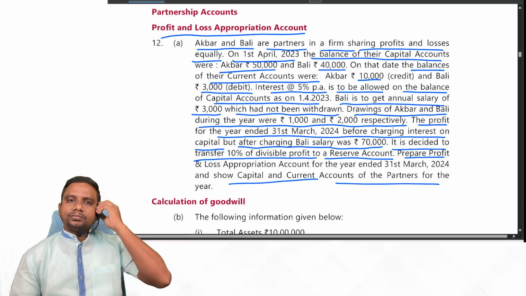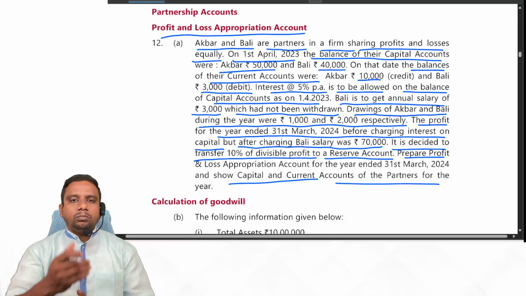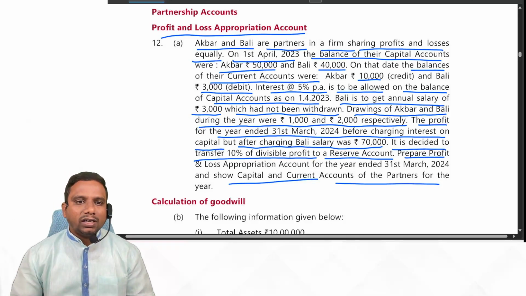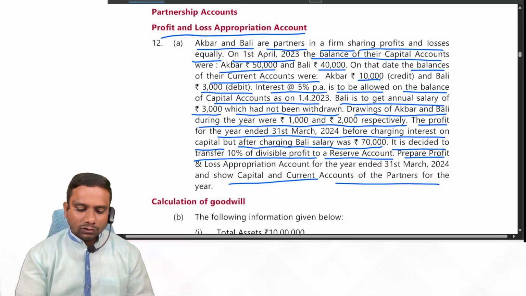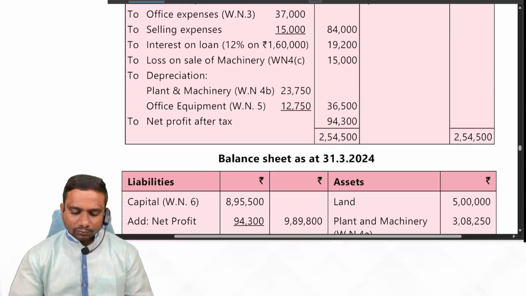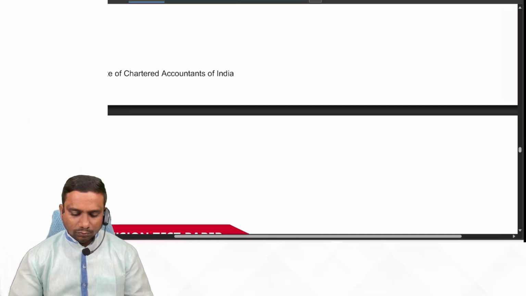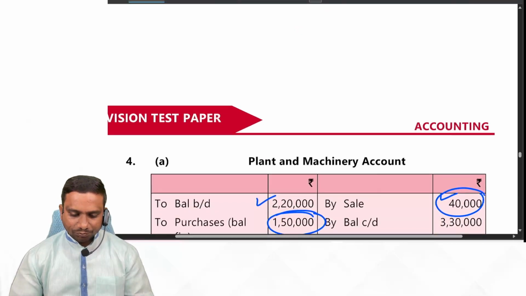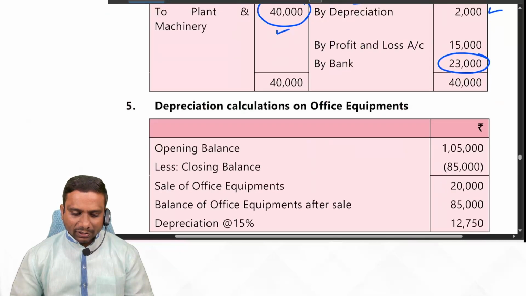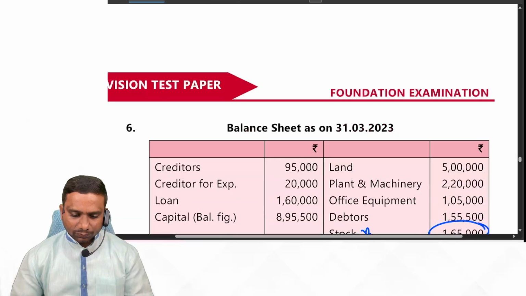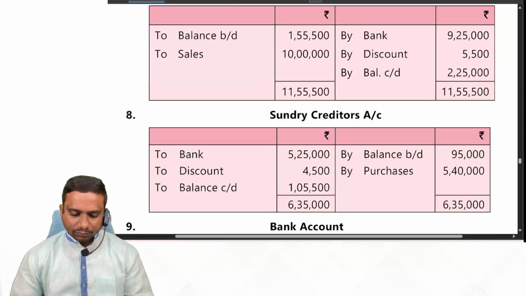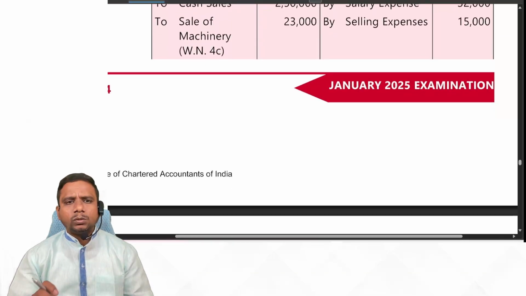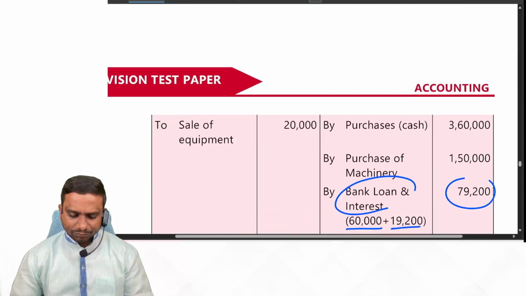First of all, come from the beginning of the problem. They have given opening balances of capital and current accounts. Now go to the profit and loss account and current accounts. Of the problems, accounts from incomplete records is very lengthy.